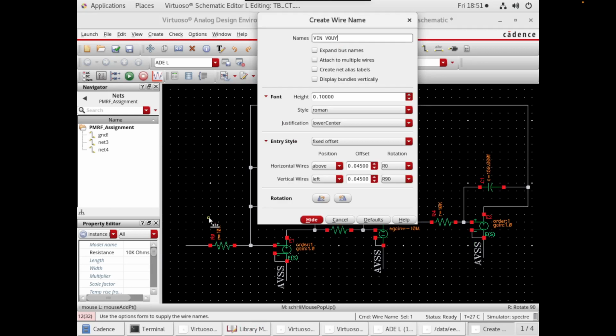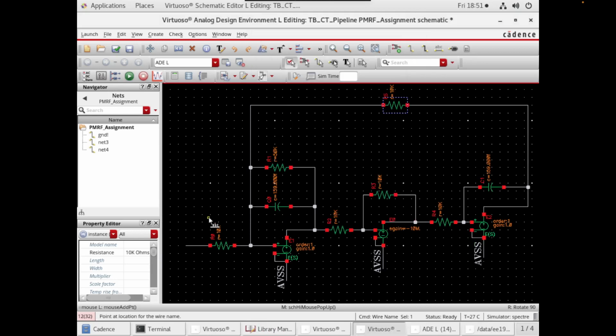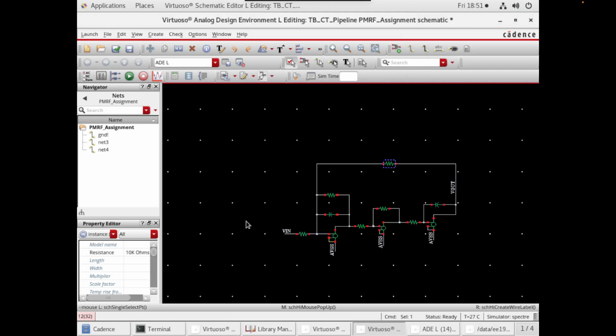So we will name the input and output nodes also as V in and V out.